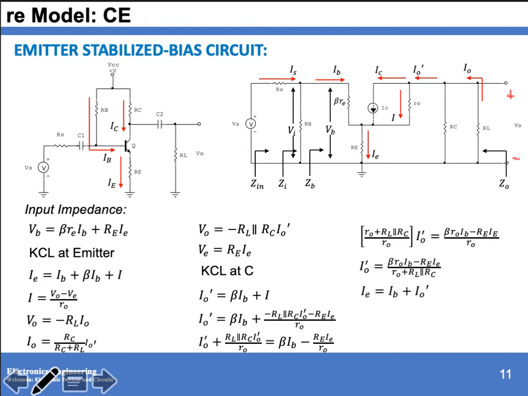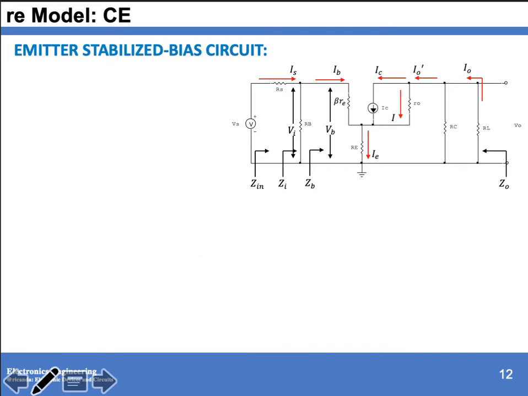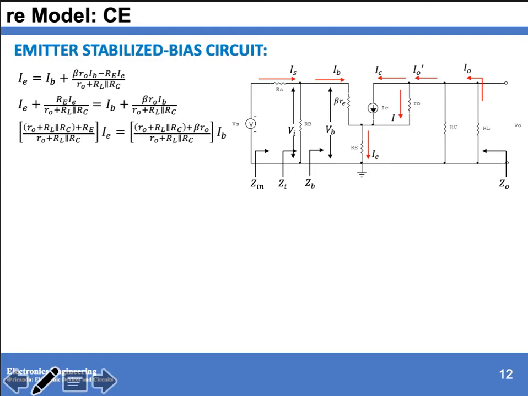Then we have to substitute this IO prime to your equation of your IE, which is IB plus IO prime. Then combining all IE to your left side.